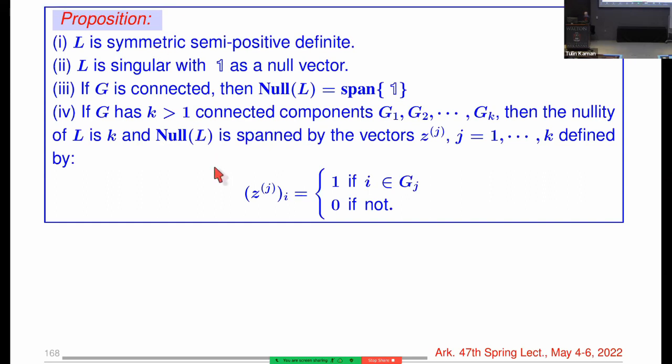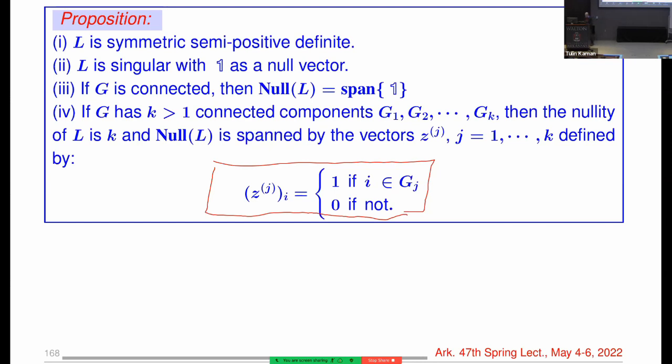These are characteristic vectors, you can think of them that way. For Zj, component i of Zj is 1 if i belongs to the component Gj, and 0 otherwise. Really a simple definition.